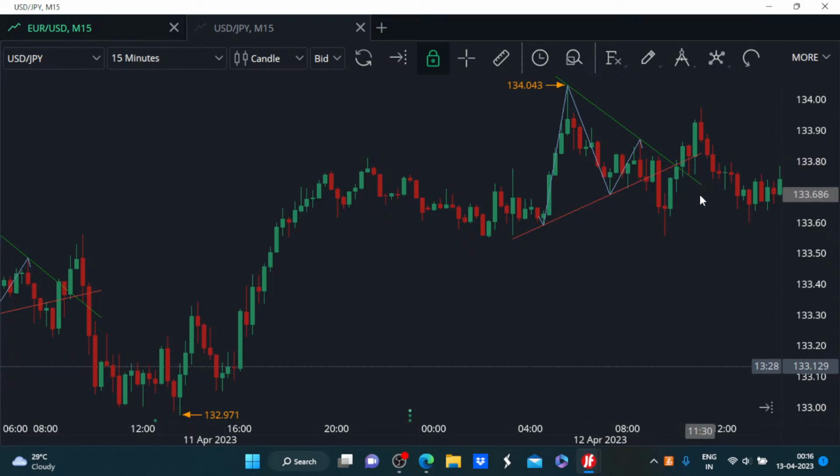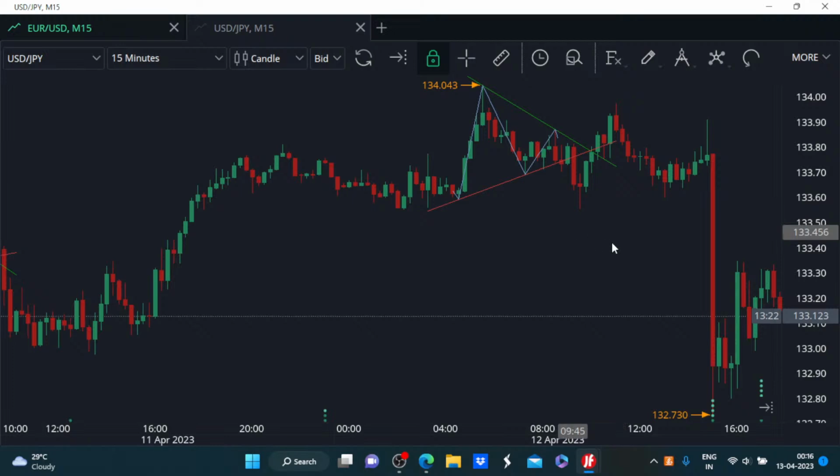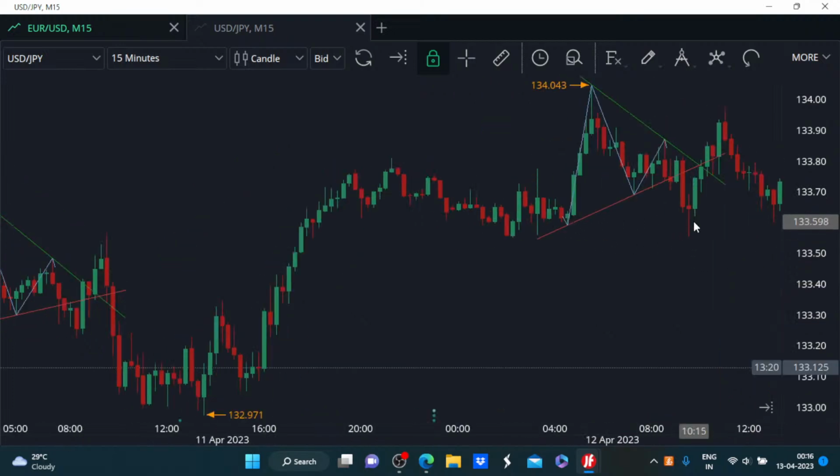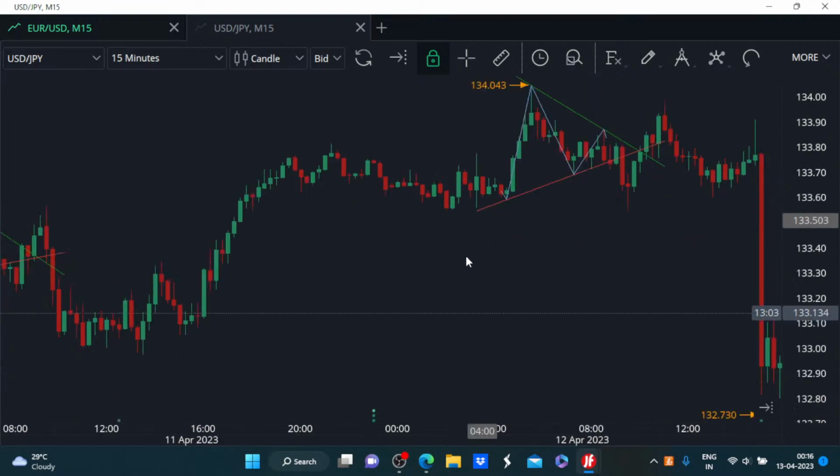If you had initiated the trade after this pattern took shape on the chart, you would have been able to go for a buy trade with a stop loss a little below this immediate swing low, which would have worked out close to the prior swing low of around 133.6 or a little below that with a decent enough buffer.